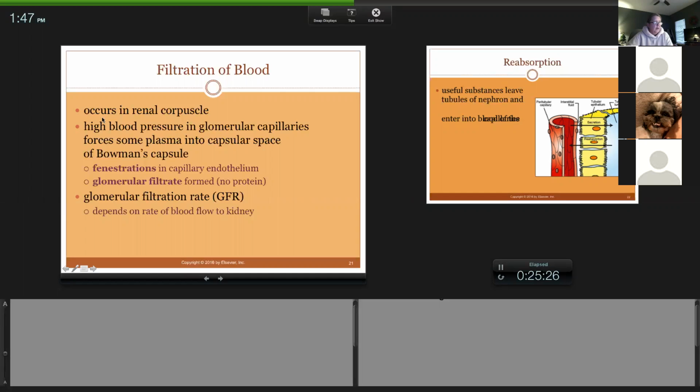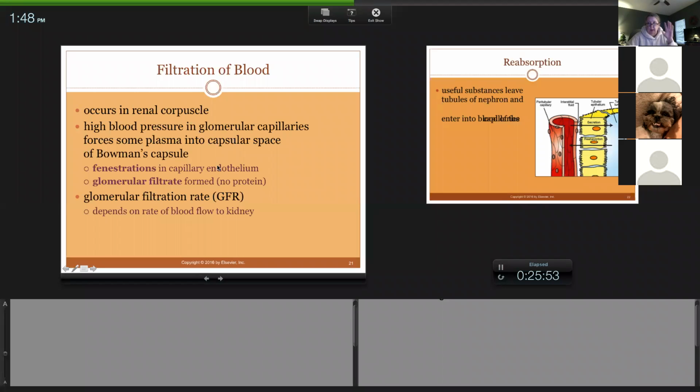Now, inside that glomerulus, or that filter, the blood is coming in under high blood pressure. And that is what allows the plasma to get pushed through. Blood pressure forces plasma out through the fenestrations.